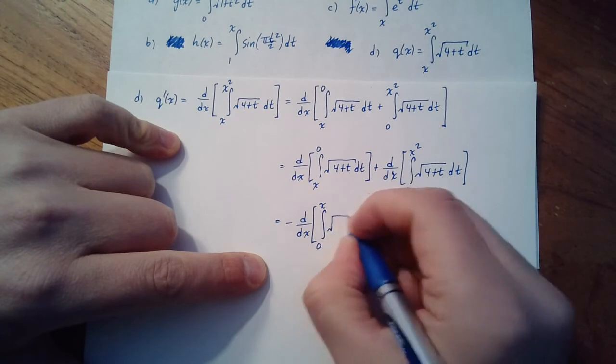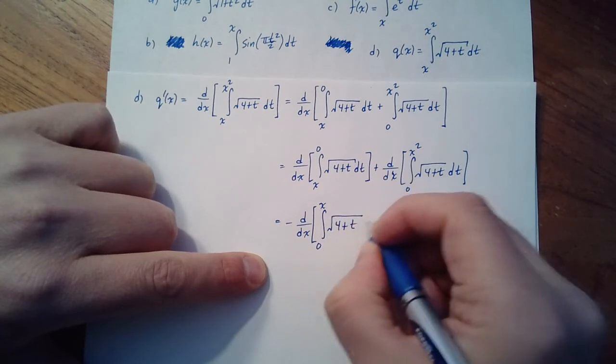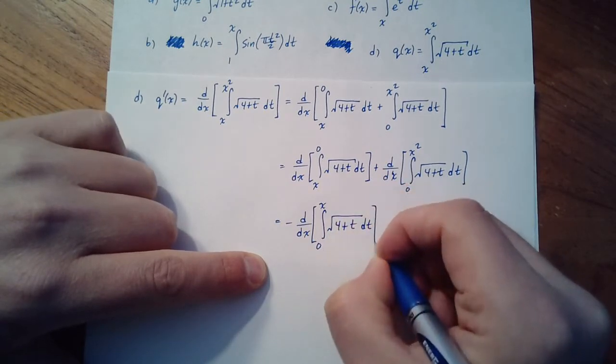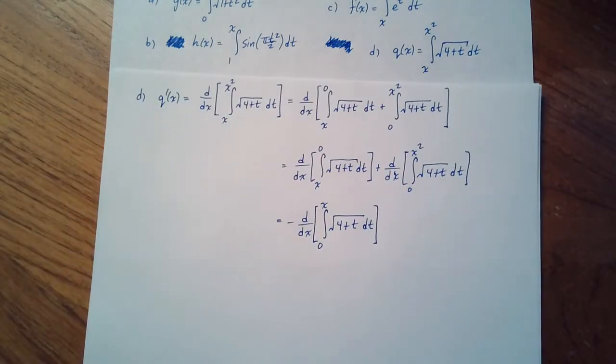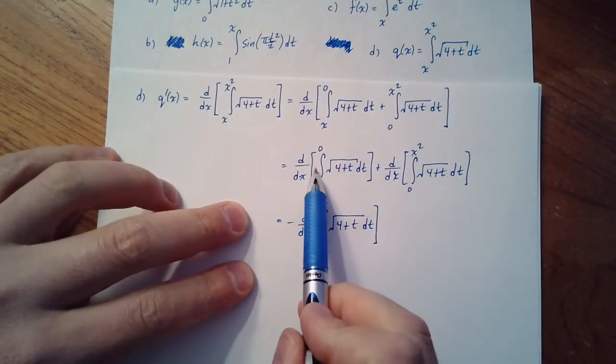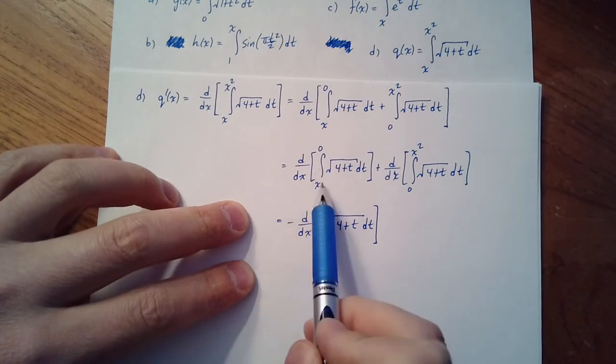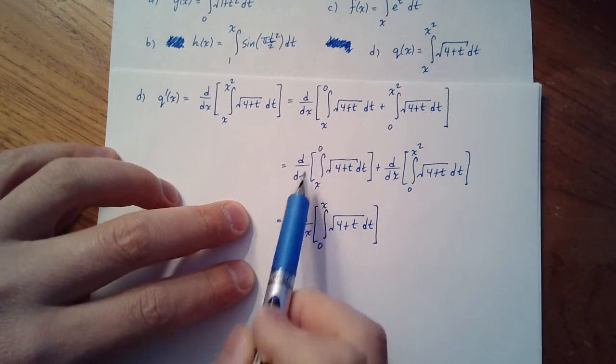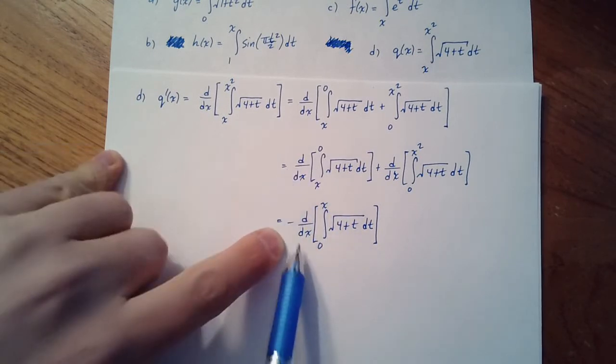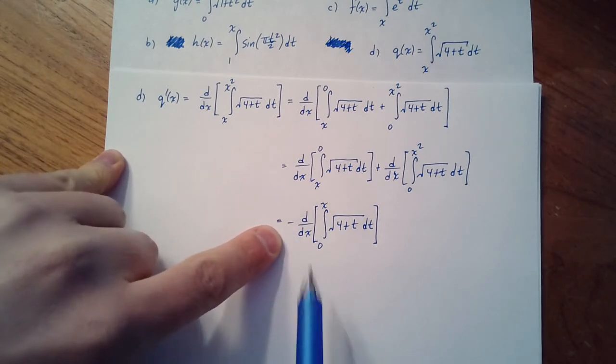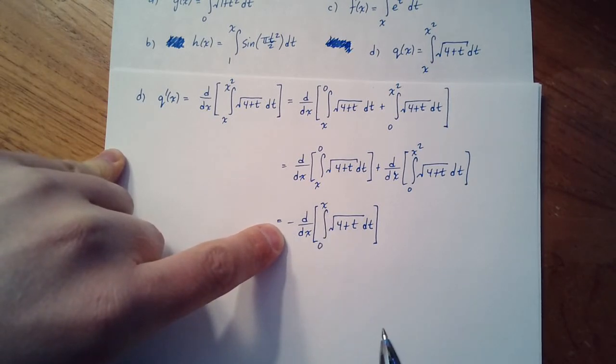I'll just do that step all at once. I'll pull the negative out of the derivative in one step. There are two things happening here. First, a negative sign goes in front of the definite integral in order to change the order of the endpoints, but then that negative can come out in front, and that's what I did down here. That's where this negative comes from, and the two endpoints traded places.